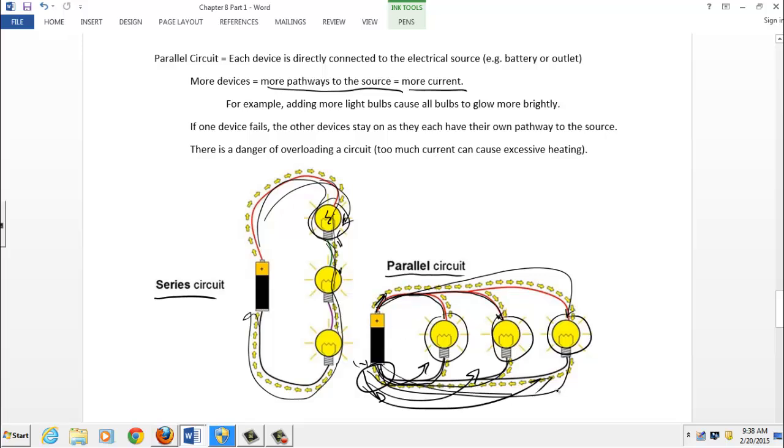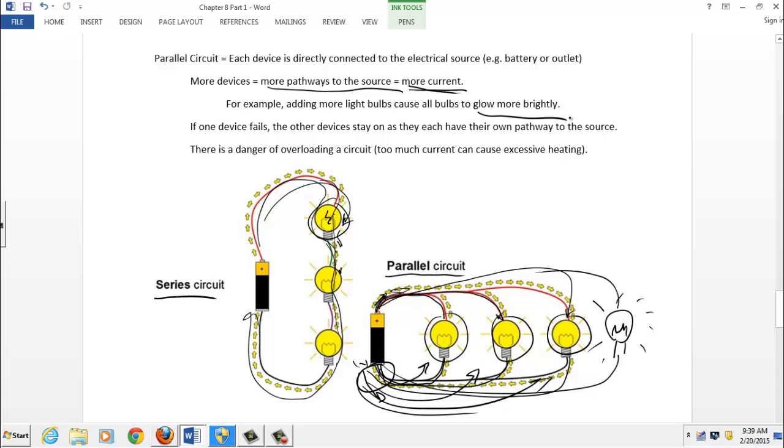If you connect a fourth light bulb, well, then you create another path, and now you have an additional number of electrons that have to come out of that battery. And so the more pathways you have, the more current you have. And so there's more current coming out of the battery total, and that results in your light bulbs all increasing in brightness. There is more current flowing throughout the entire circuit, and so they glow more brightly.